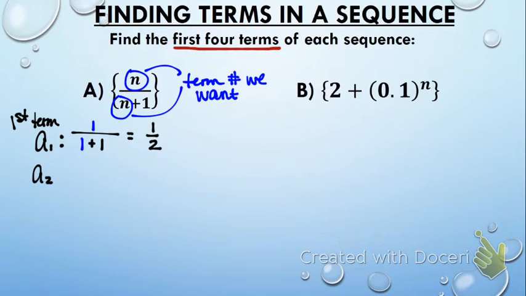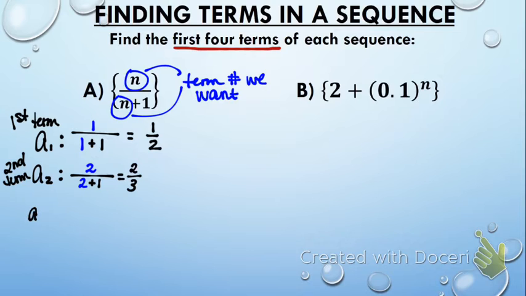Let's go find the second term. I'm going to use the shorthand A1, A2 moving forward. I'm not going to continue to write down first term, second term, but I want to make sure that we know what I mean by A1 and A2. You guys okay with those? Okay. How do I find the second term? What are we going to put in for n for the second term? 2. 2 over 3.